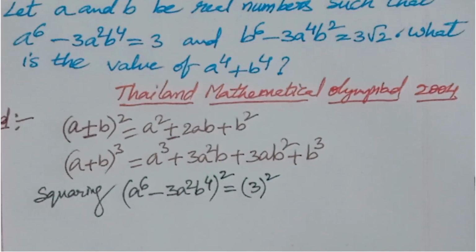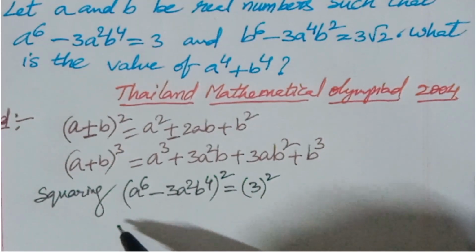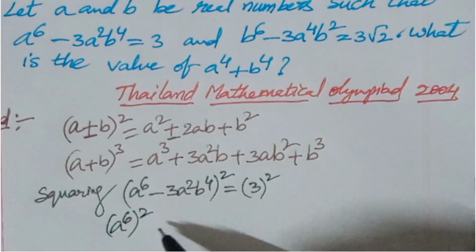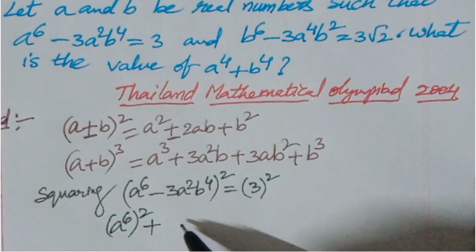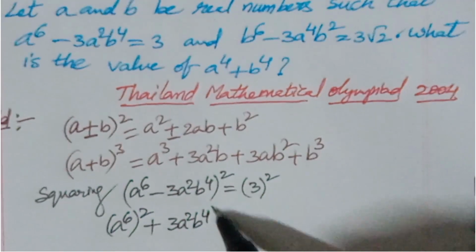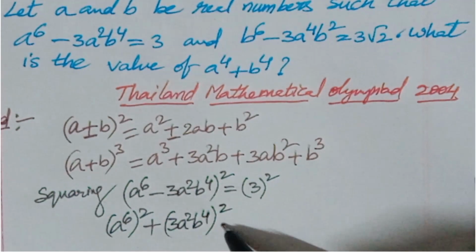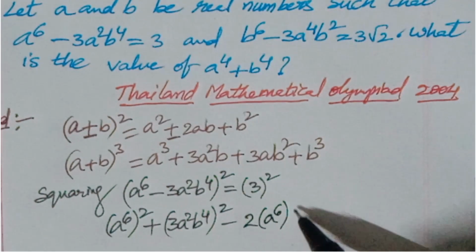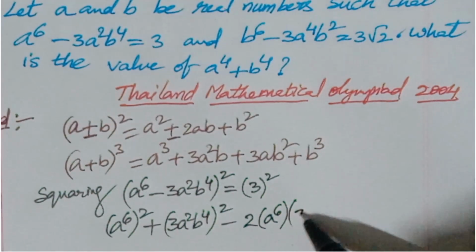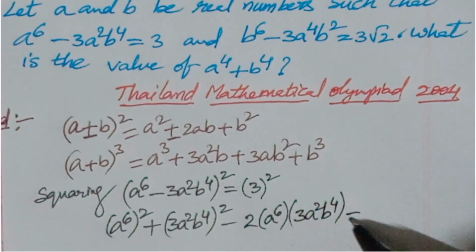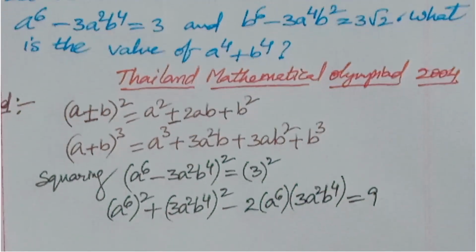What will we get here? a to the power of 6 whole square plus 3a square b power 4 whole square minus 2 into a power 6 into 3a square b power 4 is equal to 9.